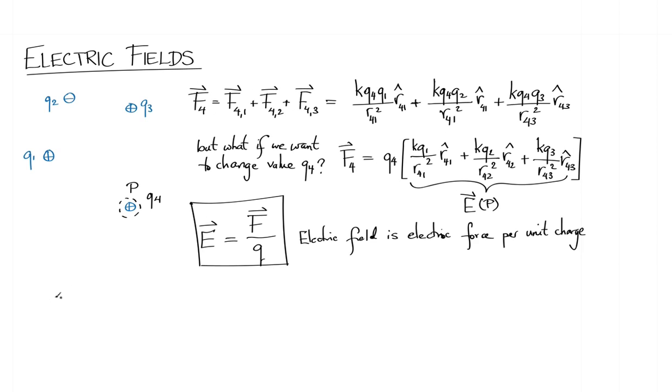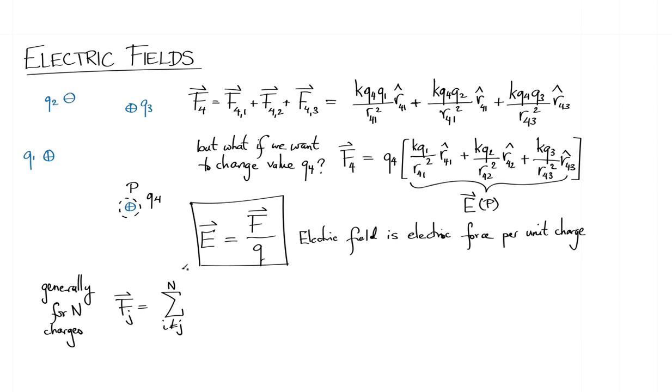So more generally speaking, if we had n charges, we could write the force that one charge, let's say charge J, would experience would basically be equal to the sum over all the charges in the system except for itself.